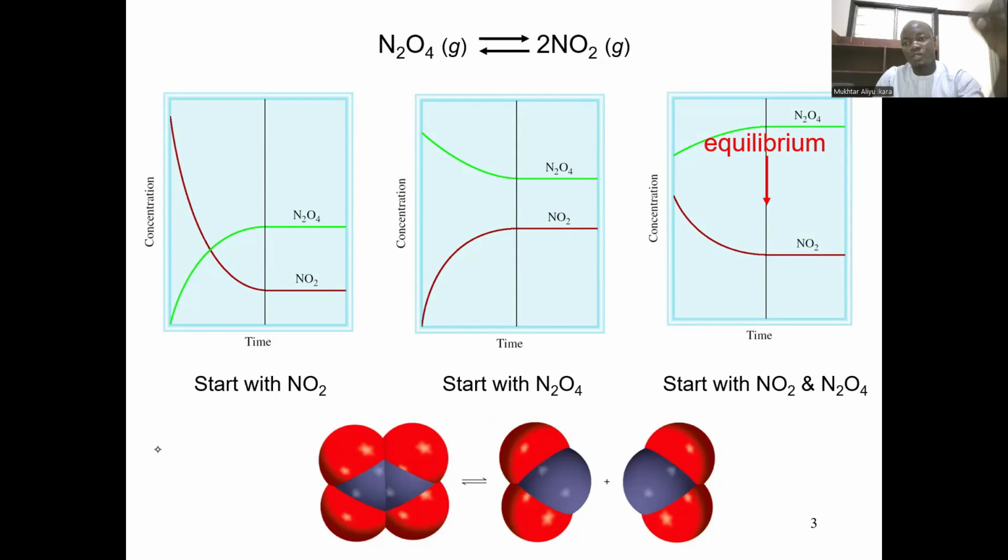That is chemical equilibrium: we should understand that as the reaction goes on, the concentration of the reactant will be decreasing while the concentration of the product will be increasing, and it will reach a state where the concentrations of the reactant and the product remain constant and move at the same rate. That is what we call chemical equilibrium.